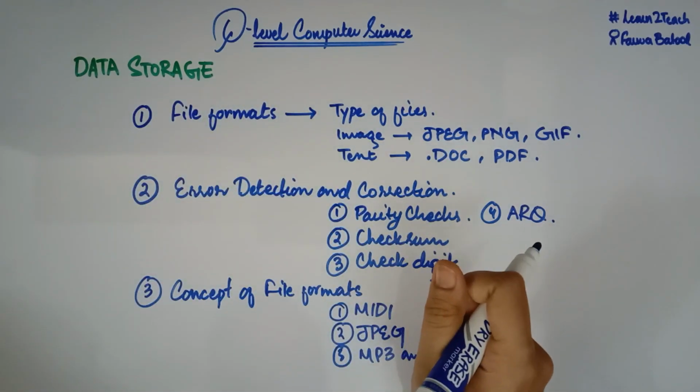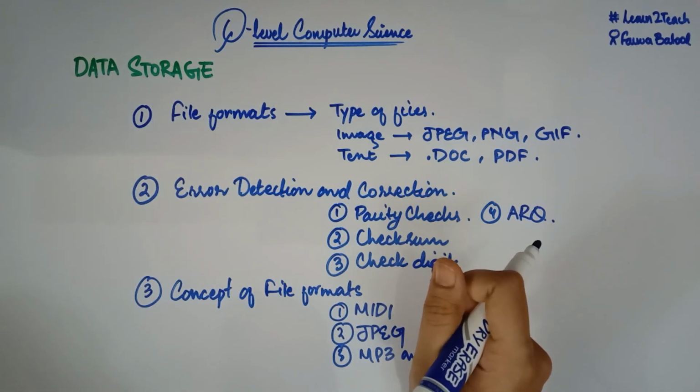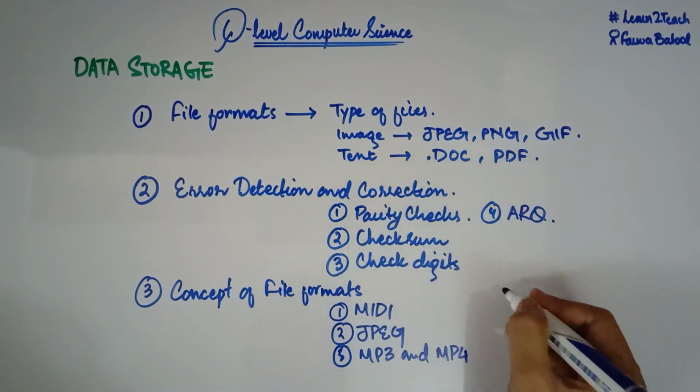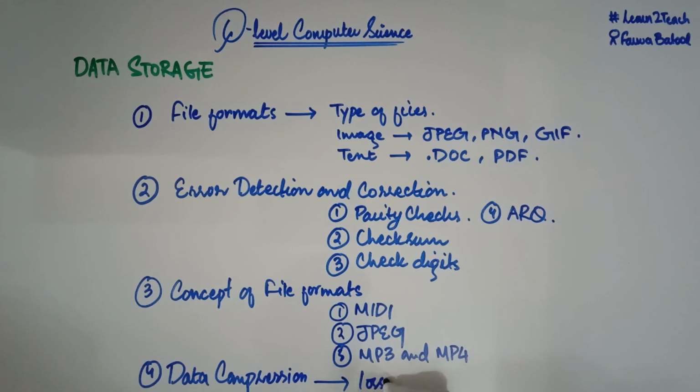Okay, then what is the final thing? The final thing is we are going to understand the principle of data compression. What is data compression, and what are the different types of data compression, like lossy and lossless?